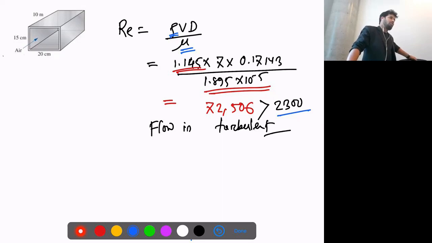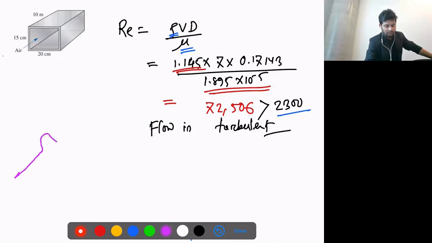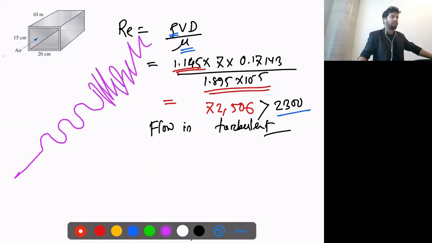I showed you earlier when I told you about the research that someone did during my master's. I found the flow becomes like this. Initially the flow profile is, let's say, like this. Then we get a periodic profile like this, and then it becomes like this.